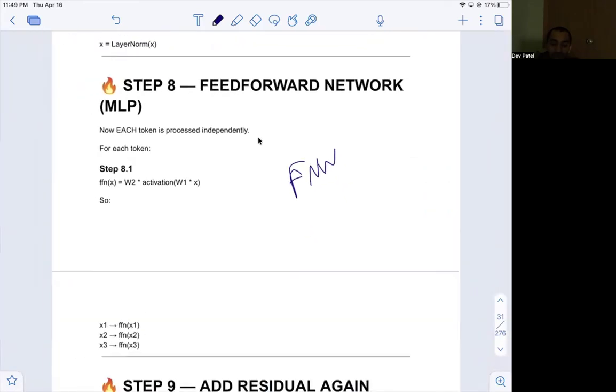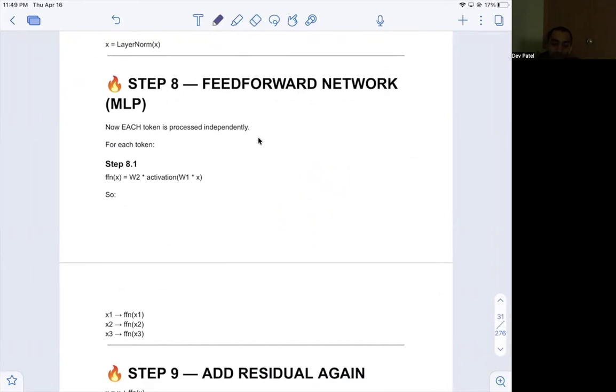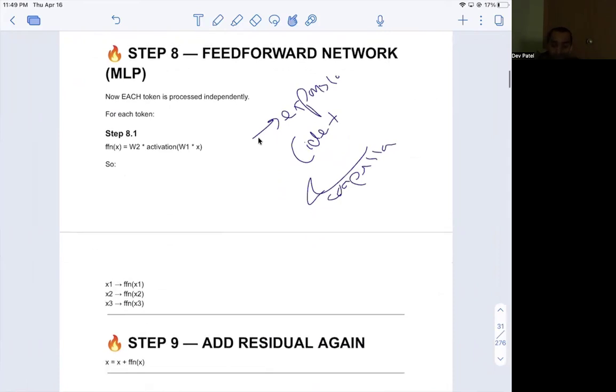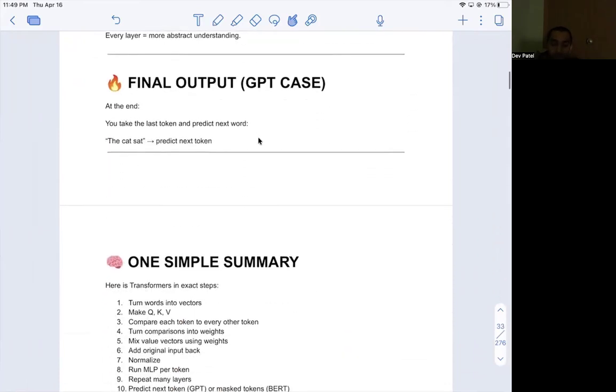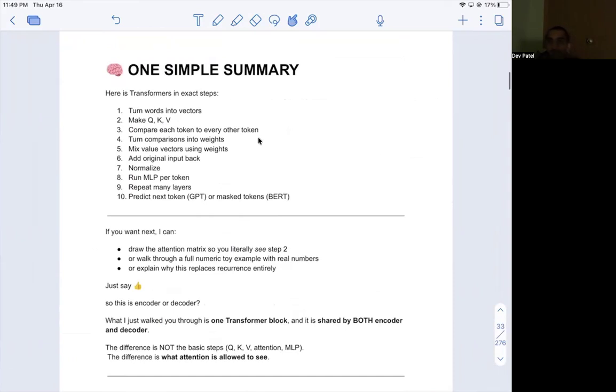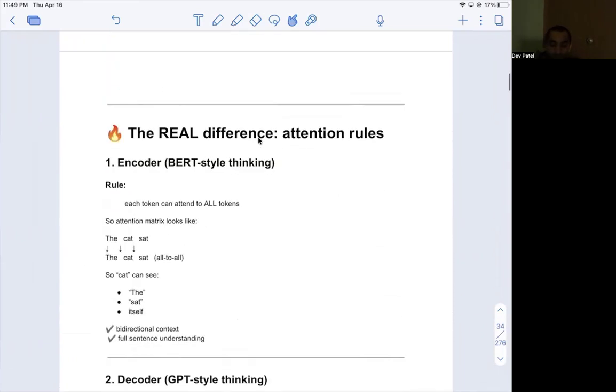Each token is processed independently. This is the expansion and compression piece: in expansion, you try to identify the hidden latent features, and then you compress it back into the original dimension space, and then add residual again. You do this n number of times, n referring to the number of transformer layers that you have.